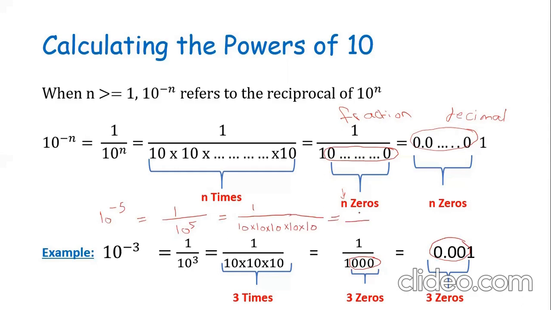And this again is equal to 1 over 1 and then 5 zeros. Now we express this fraction as a decimal by writing 0, then 5 zeros in total, and then 1. So it will be like 0.00001. So we notice here we have 5 zeros, and here we have in total also 5 zeros.